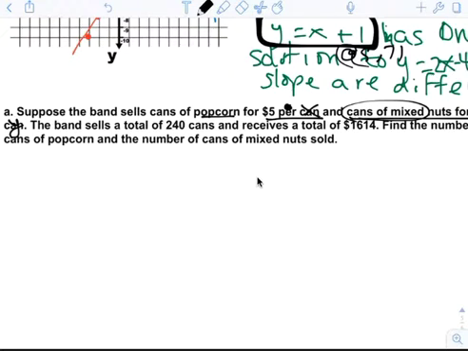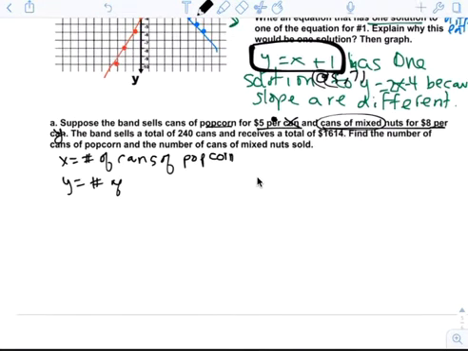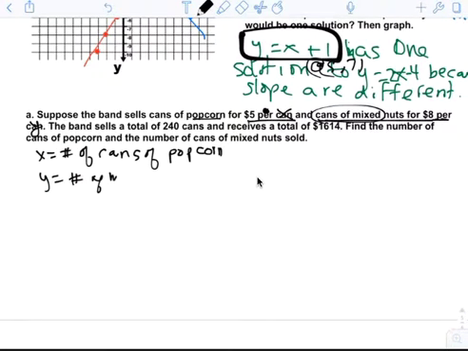So X represents the number of cans of popcorn. Y represents the number of mixed nuts cans.